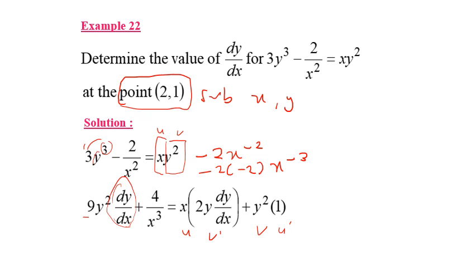So v is y squared, and then u prime, differentiate x is 1. So that will be the product rule on the right hand side. Right. So after that, as you know, we will rearrange and then put all terms that have dy dx on one side. So let's see that one on the next slide.